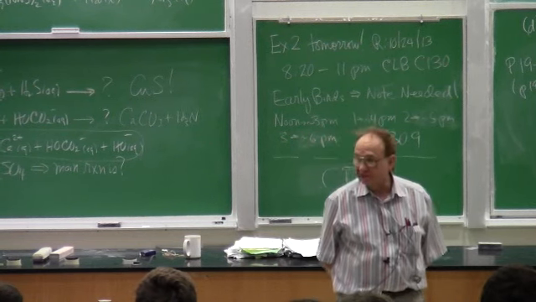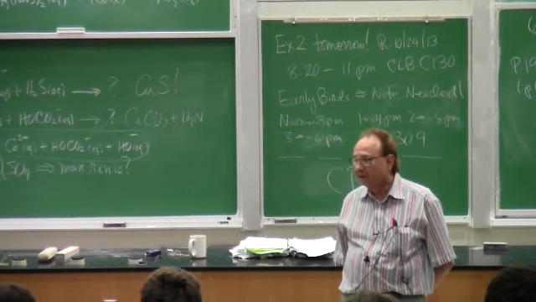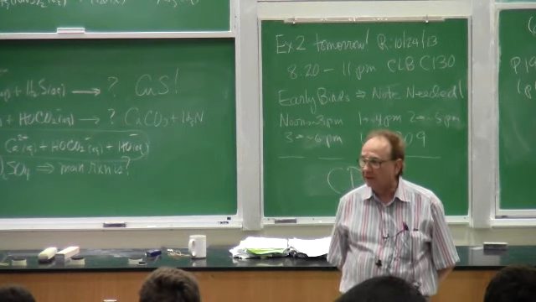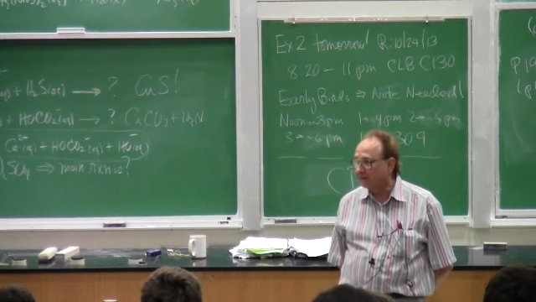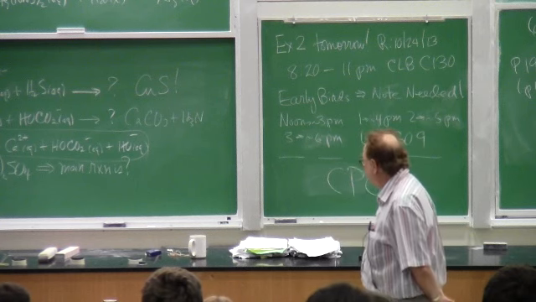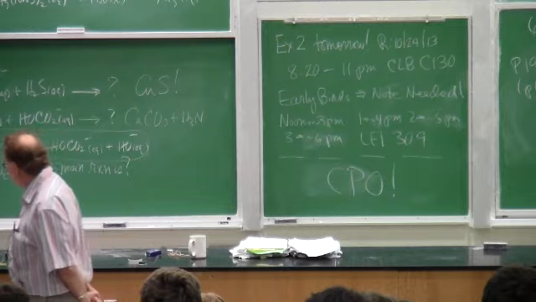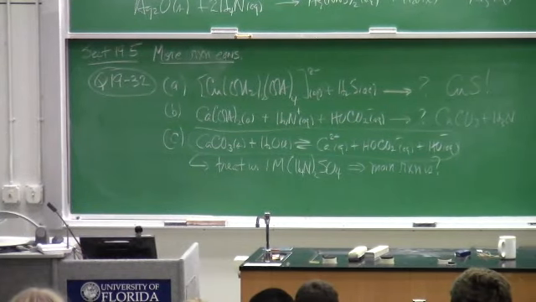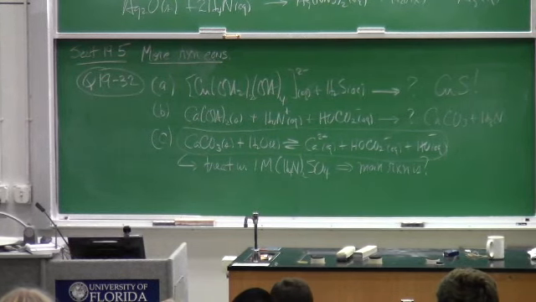Calcium carbonate, isn't it? Because very little of the calcium carbonate dissolved. 1.4 times 10 to minus 4 moles per liter is the solubility. So you've got a whole lot of calcium carbonate in that system, but relatively speaking, not much calcium ion or bicarb ion or hydroxide ion. So, if I treat that system with 1 molar ammonium sulfate solution, what do you think would be the main reaction?